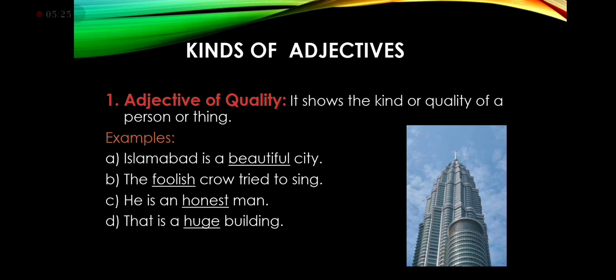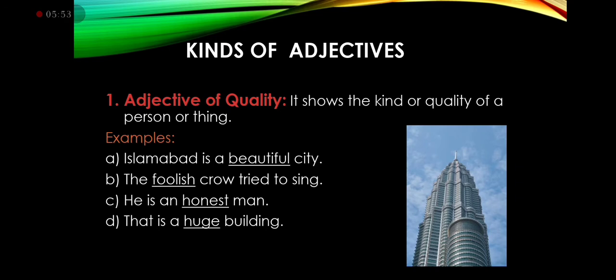So see the examples. Islamabad is a beautiful city. The foolish crow tried to sing. He is an honest man. That is the huge building. Now see, these are adjectives of quality, all right? And adjectives of quality always tell us about the kind or quality of a person or thing.